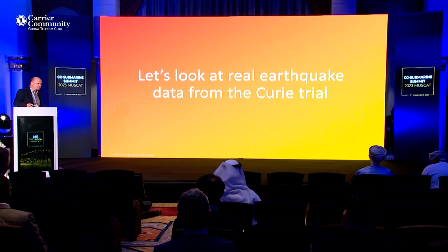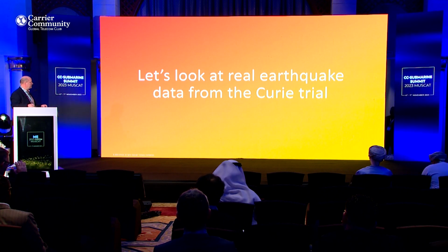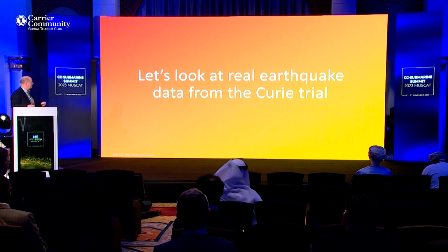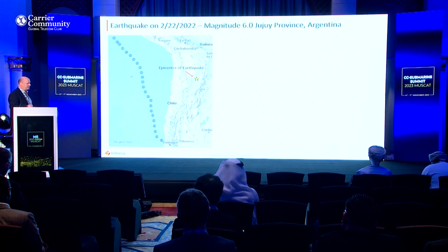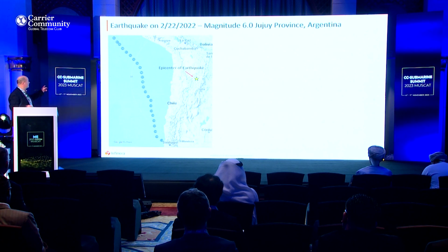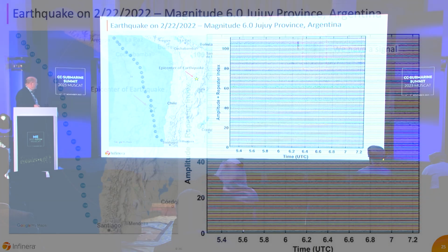So then I would like to take a look at the real earthquake data from the Curie trial. So this is the Curie cable, which traverses from North America to Chile, Santiago.